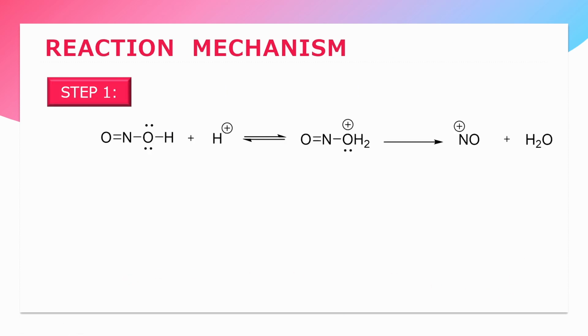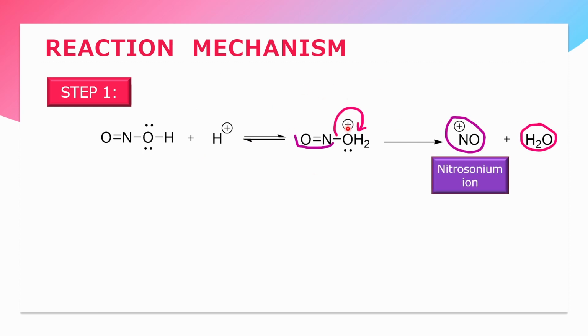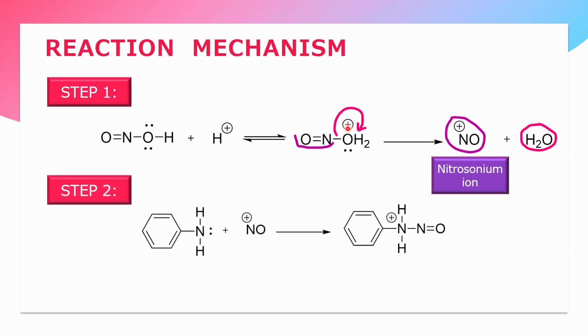So step 1 of the reaction mechanism: here we've taken the HNO2 acid and an H plus, where we are making a nitrosonium ion. Now in step 2, this nitrosonium ion reacts with an aromatic primary amine like aniline and makes this compound over here.